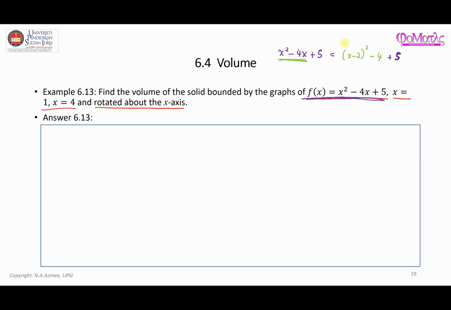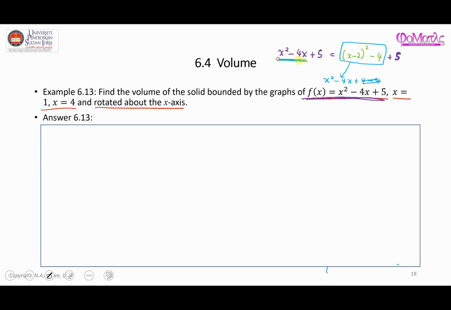Now if you are not sure what's going on, why don't you try to simplify this, and you will see that the result will be equal to x squared minus 4x. That becomes x squared minus 4x plus 4 minus 4. That can be cancelled out, so you will get back x squared minus 4x.